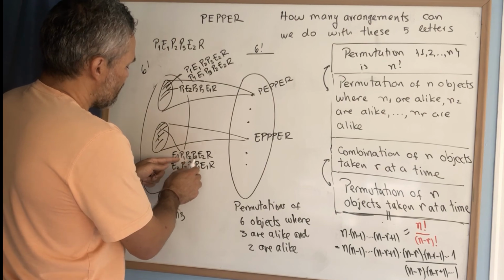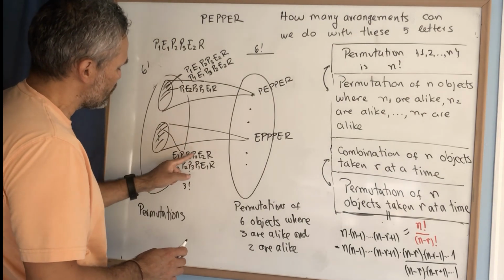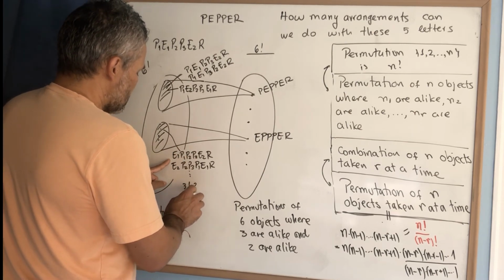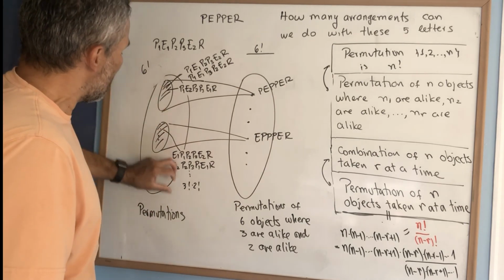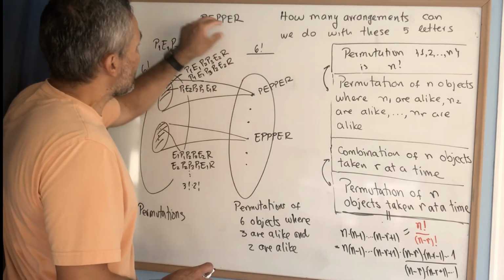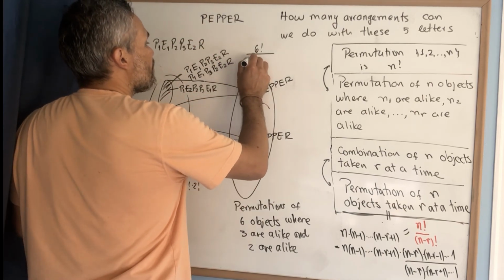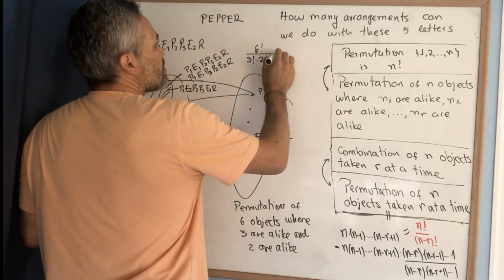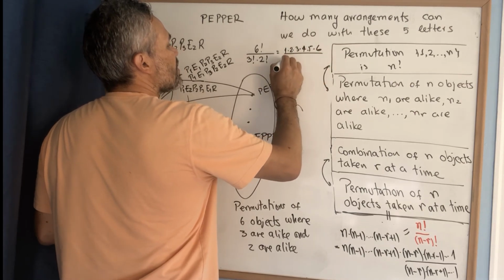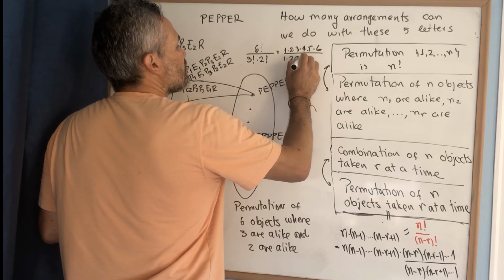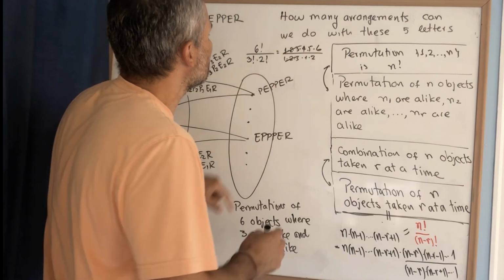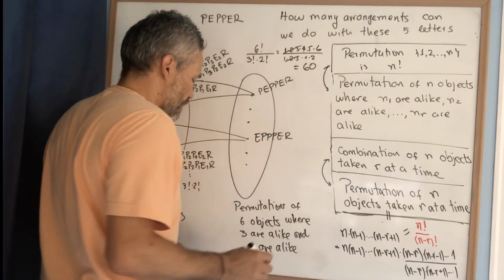First, stage number 1, the number of ways that we can permute the P's, 3 factorial. Number of ways that we can permute the E's, in this case 2 factorial. Then each group will have 3 factorial times 2 factorial, and for that reason the answer to this question would be 6 factorial over 3 factorial times 2 factorial, which is 1 times 2 times 3 times 4 times 5 times 6 over 3 factorial, 1 times 2 times 3, times 2 factorial, 1 times 2. These cancel out, and we have 3 times 20, which is 60 elements.